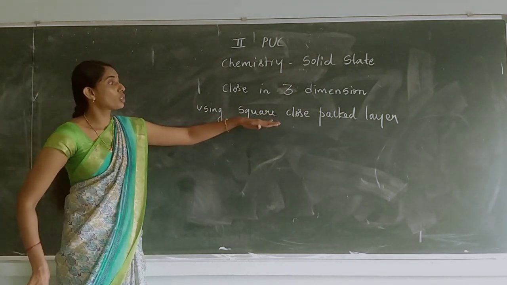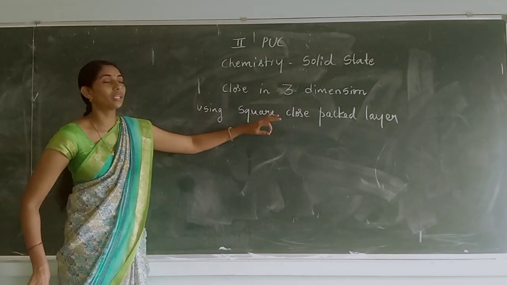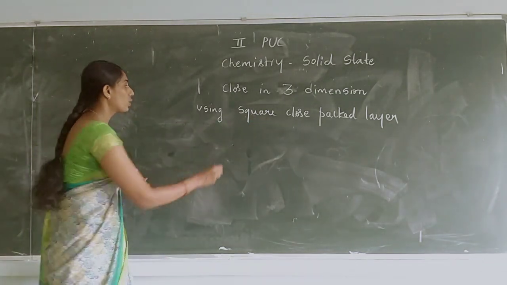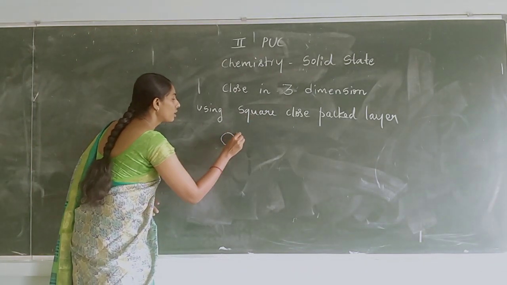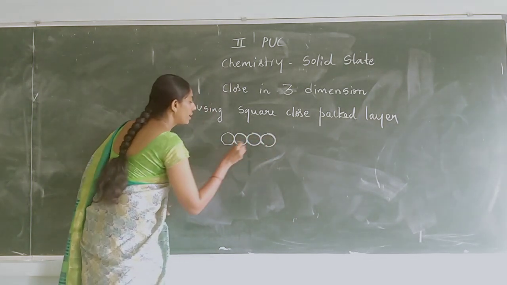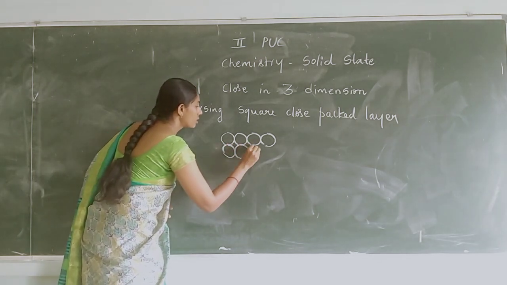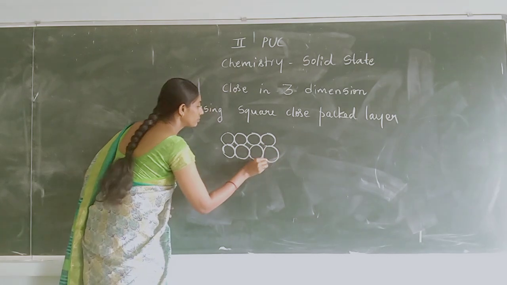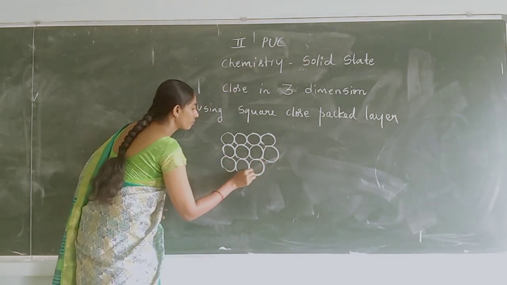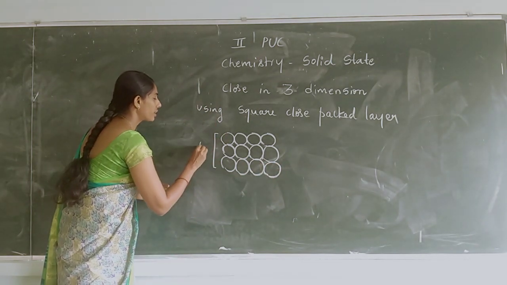Many square close packed layers one above the other will give you the 3-dimensional close packed structure. So consider this is the square close packed layer. Imagine that it is the first layer. This full one is the first layer.